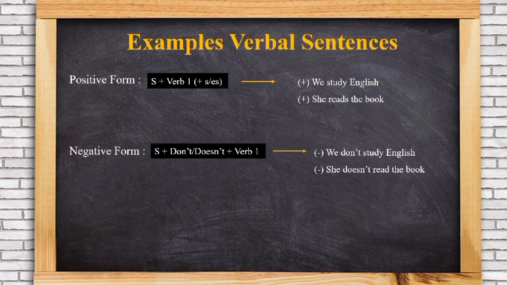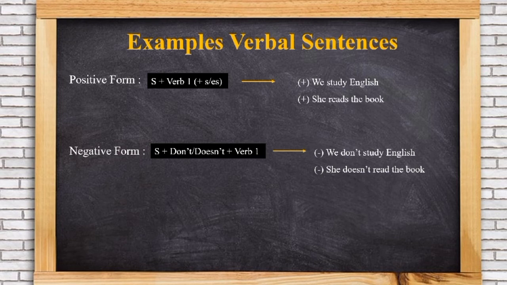In this sentence, the negative marker that used is don't because the subject is we. Number 2. She doesn't read the book. In this sentence, the negative marker that used is doesn't because the subject is she.